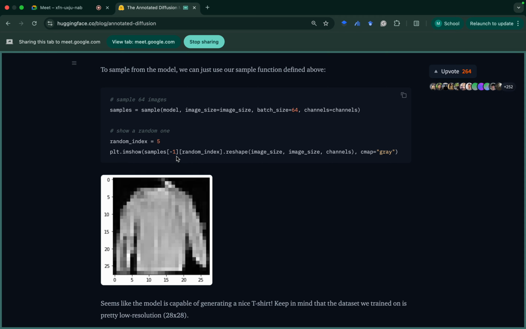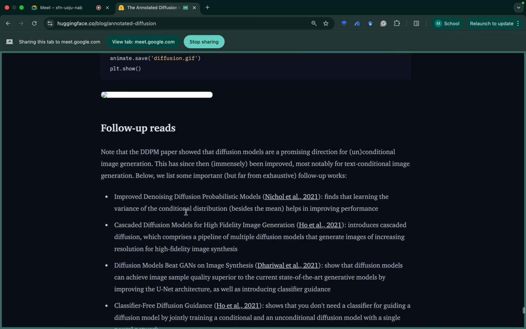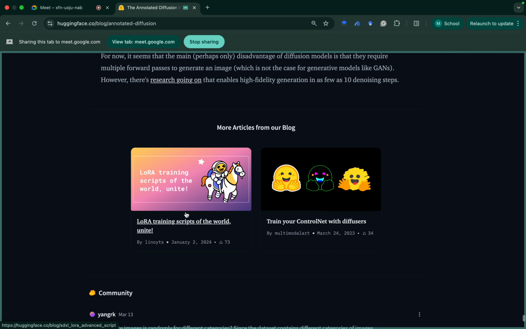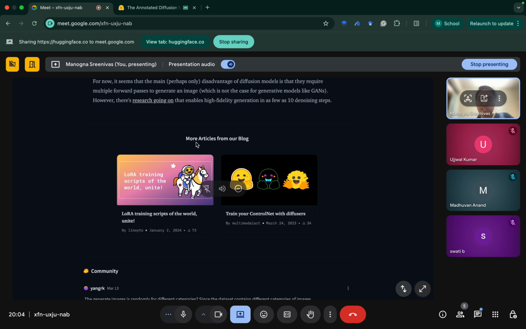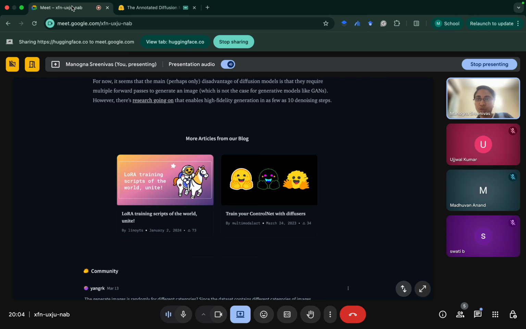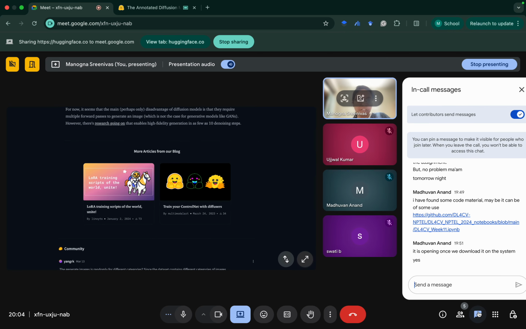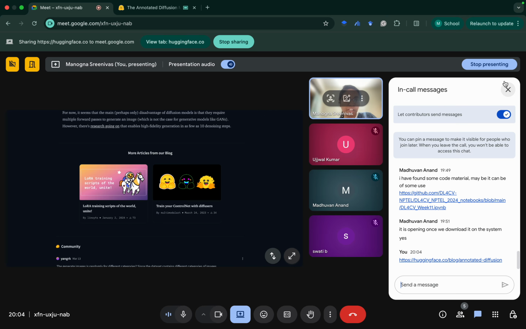This one is the last image, that is the last clean image. I know I rushed through it, but that's the overall set of important blocks of this DDPM training and inference.